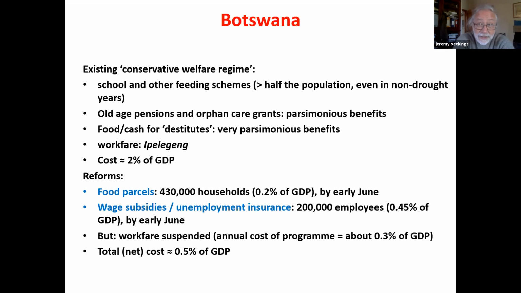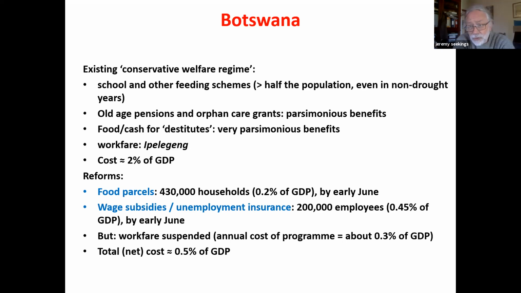What did Botswana do? Well, as Lena said, they massively rolled out food parcels. And that's the primary thing they did. They also rolled out wage subsidies, unemployment insurance to urban workers in a way not dissimilar to South Africa. Like South Africa, there was also a caveat that workfare was cut back.